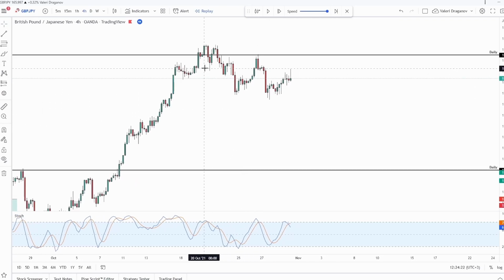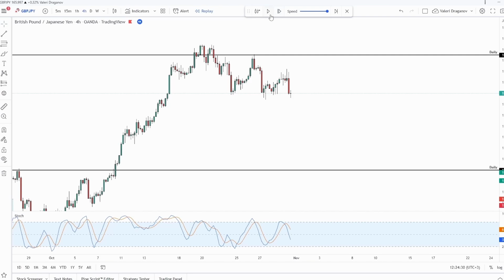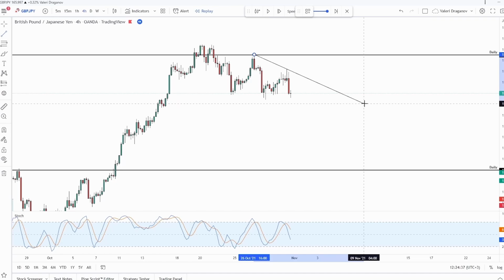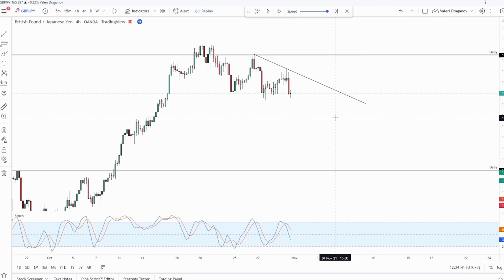So in this case, the price tests the daily level again, then starts to move down. So the first thing we're going to do is draw our dynamic resistance zone on the tops, our trend line.